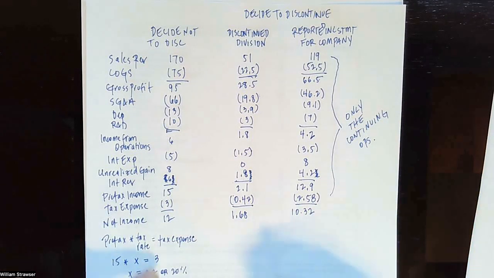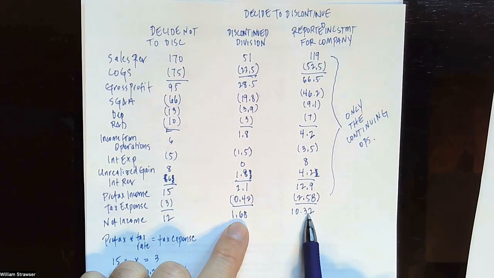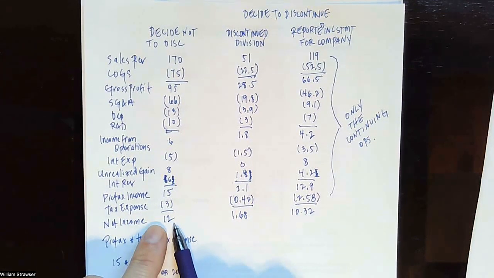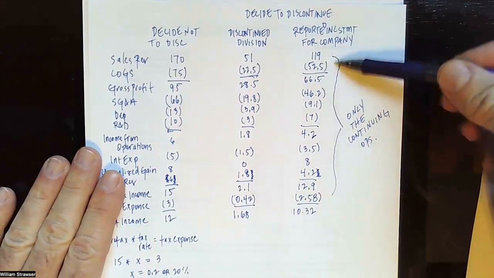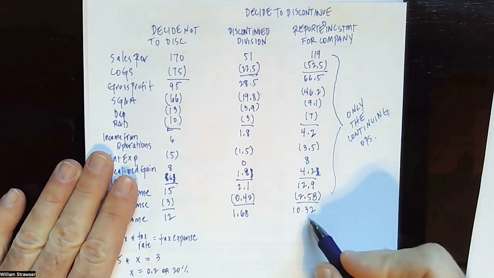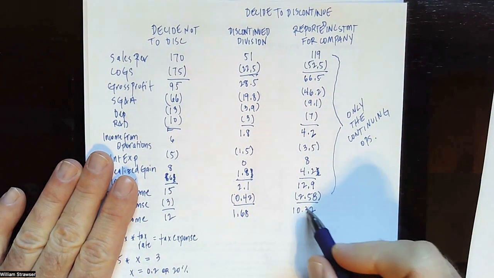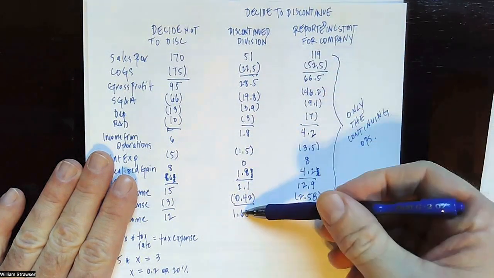And of course, note that in the end, when I include everything, 10.32 plus 1.68 is net income of 12. But here we have only the continuing operations. So this is no longer net income. It's not income for the entire company with everything considered because these things were taken out.